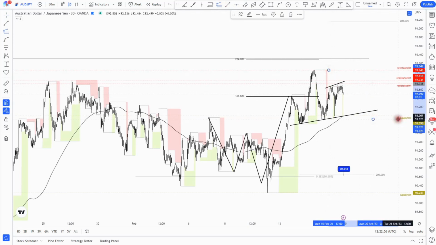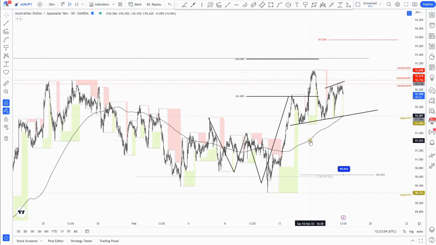Of course, just because I project patterns above, that doesn't mean the price will go there. Okay, the price may find some support at this 200 moving average, and it may trigger more momentum to the upside, but I'm not sure if that is the case.